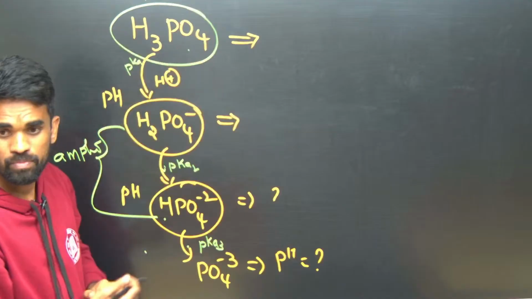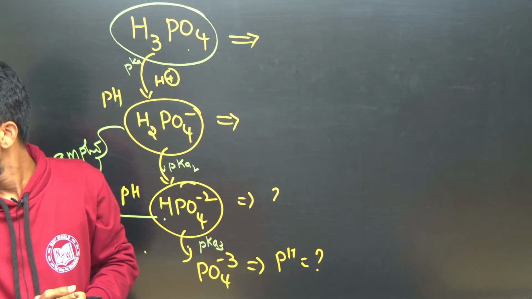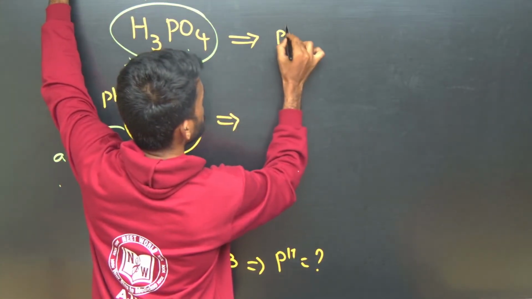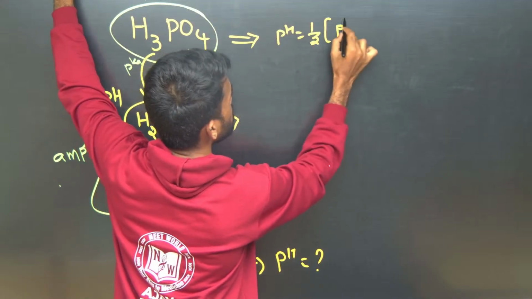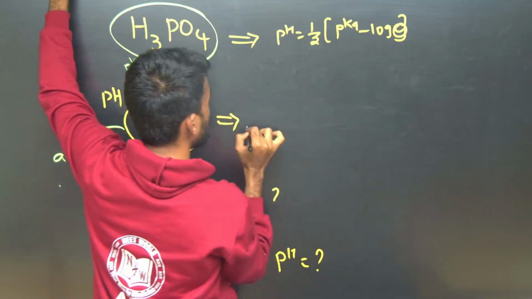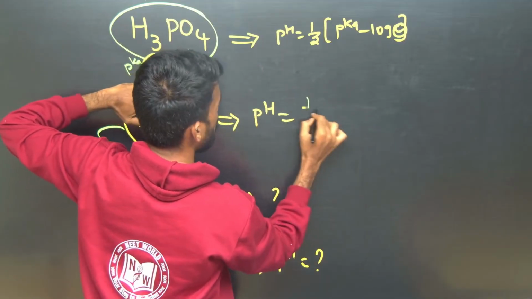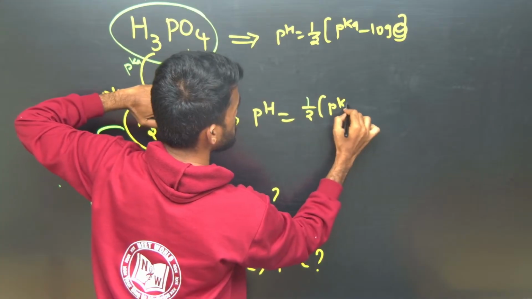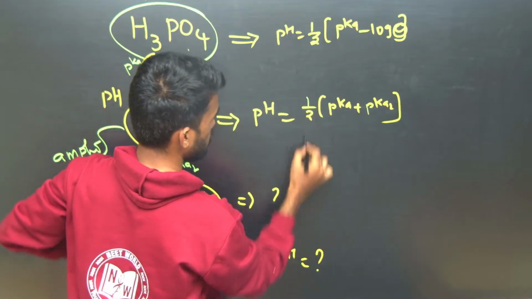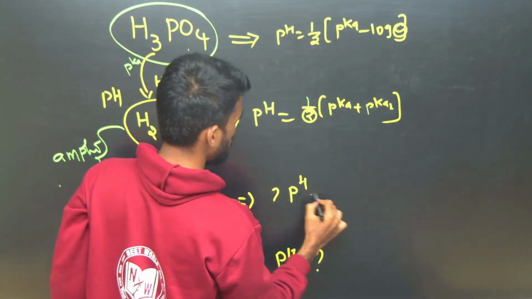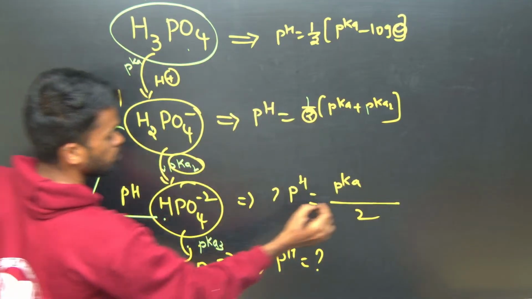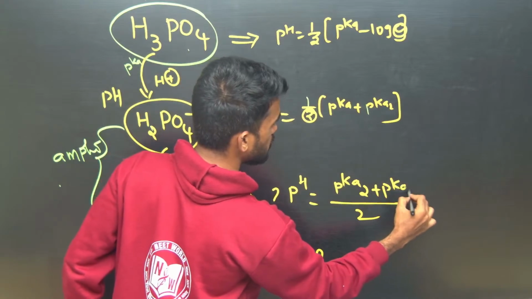For the first one, it is a weak acid, so half pKa minus log C, where C is molarity, I am saying again and again. Here it is half of pKa1 plus pKa2, an average, right sir? For this, 2 and 3 are involved, so pKa2 plus pKa3 by 2.